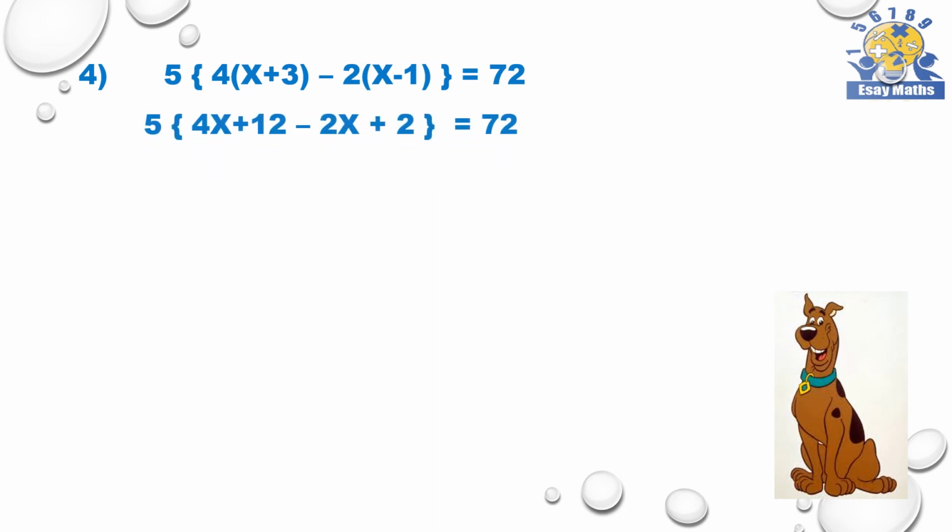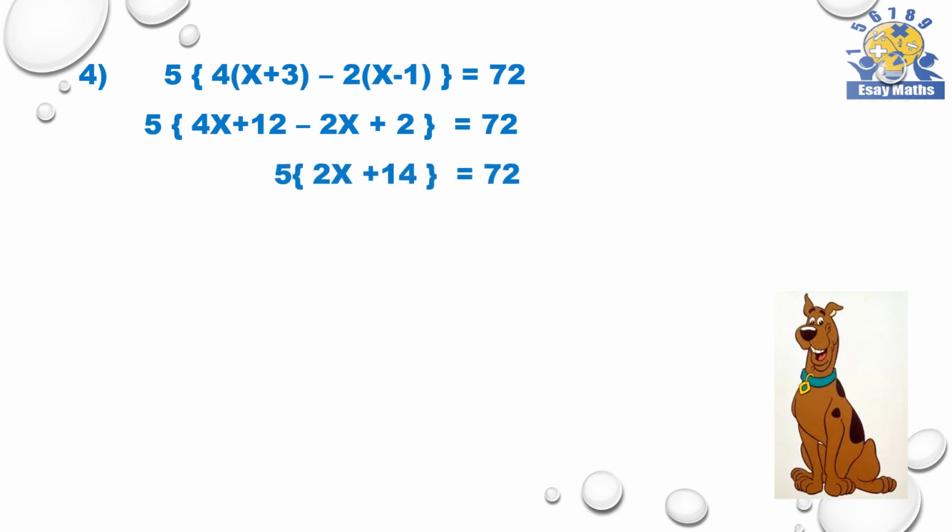So 4 into x, 4x, plus into plus, plus 4 into 3, 12. Then minus 2 into x, minus 2x, minus 2 into minus 1, minus into minus, it's plus, 2 into 1, 2. Then it's equals to 72.